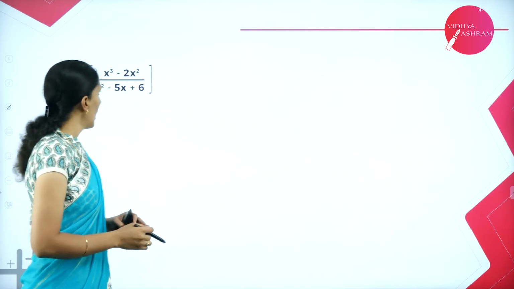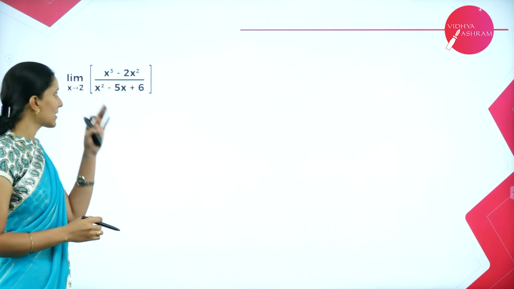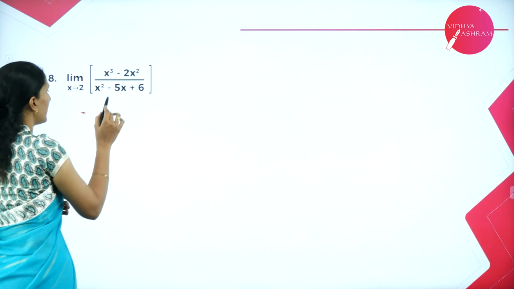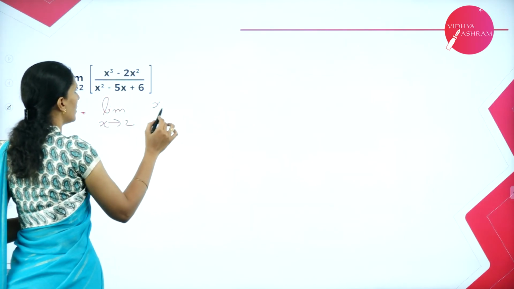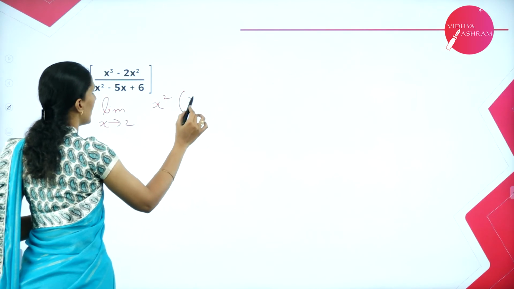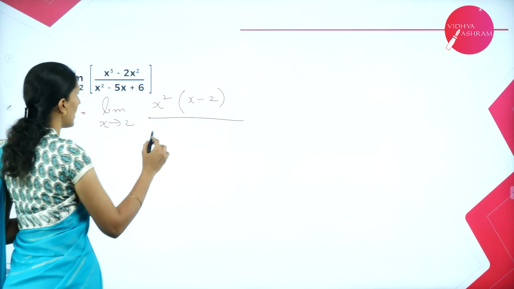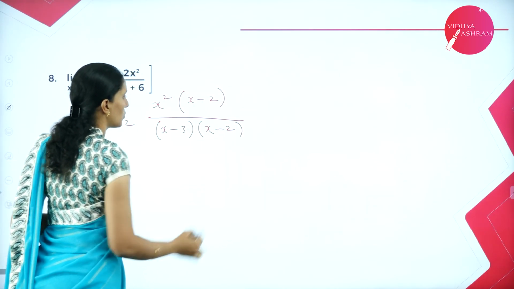Next question, limit of x cube minus 2x square by x square minus 5x plus 6 as x tends to 2. Let me rewrite this by taking x square common in the numerator; you will get x minus 2. And in the denominator, you can write this as x minus 3 into x minus 2.